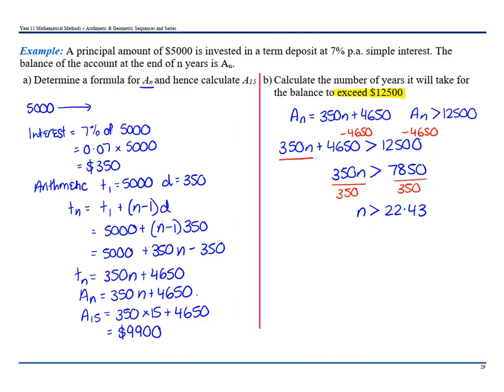So we want to exceed it, so we're going to round up. Therefore, it will take 23 years to exceed $12,500.